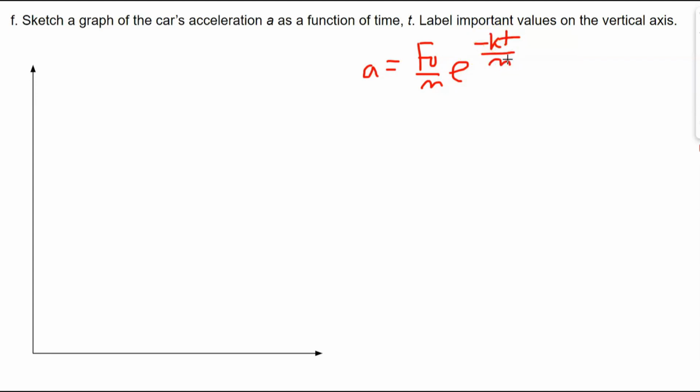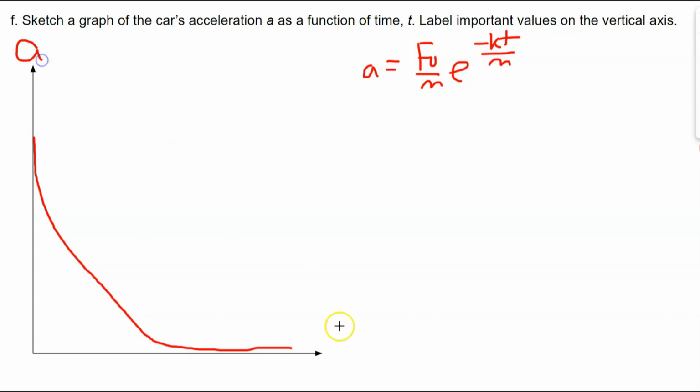So this is a positive e to the power of a negative variable, which is a concave up graph. And we know that acceleration should approach 0. So we're going to have it start right here and have it approach 0 like that.